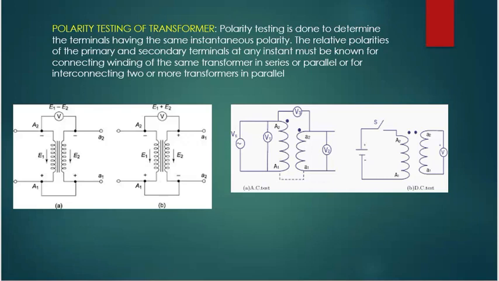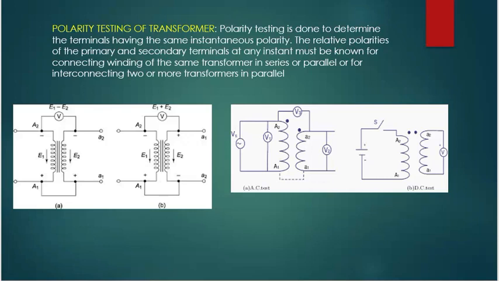Polarity test is performed to determine the terminals having the same instantaneous polarity. The relative polarities of primary and secondary terminals at any instant must be known for connecting windings of the same transformer in parallel or in series, or for interconnection of two or more transformers in parallel.